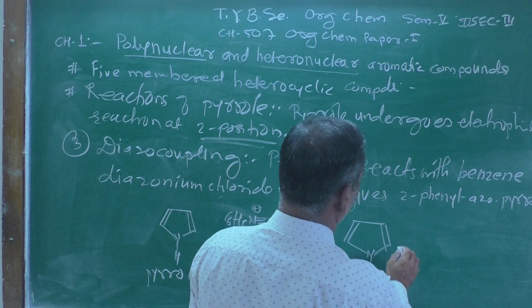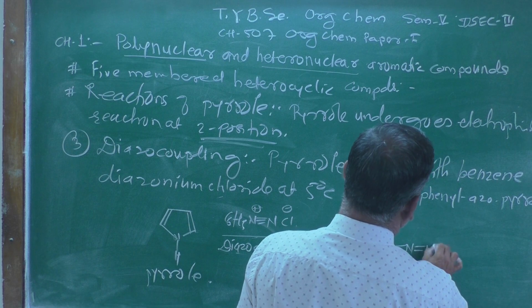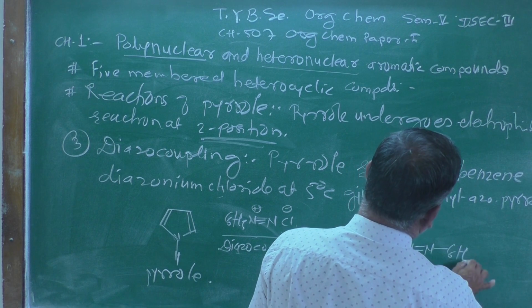The product you can see here: N double bond N, then C6H5.